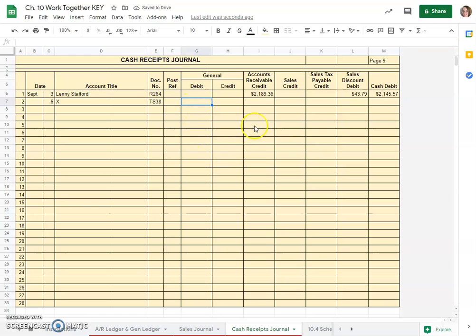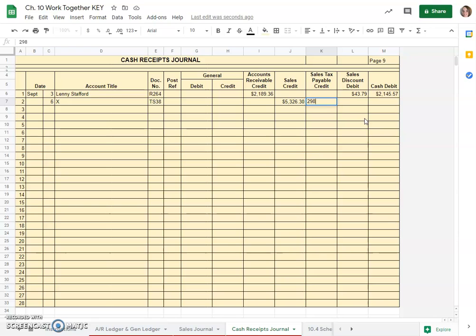And we don't have any general debits or credits, but what we do know is that we should have a sales credit, right? And the sales credit was for the $5,326.30. And then we know that we have to pay sales tax to the government.